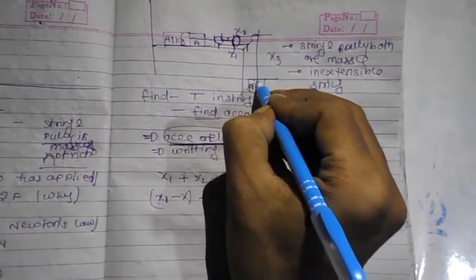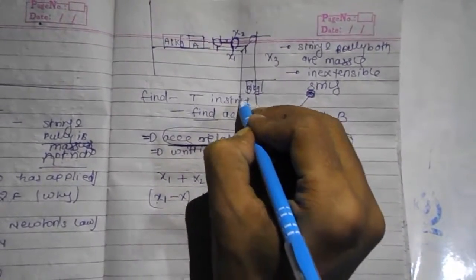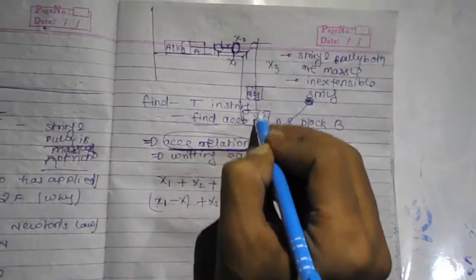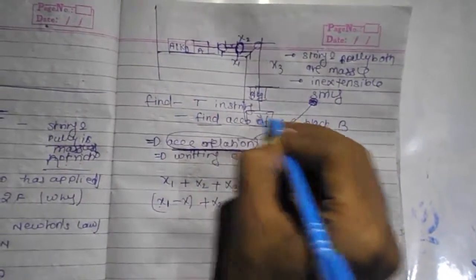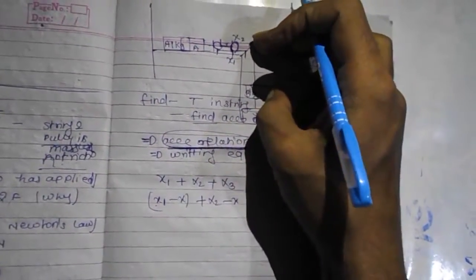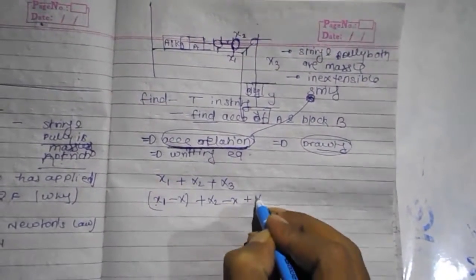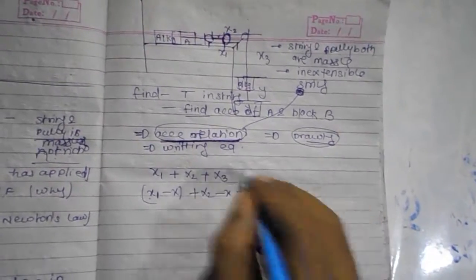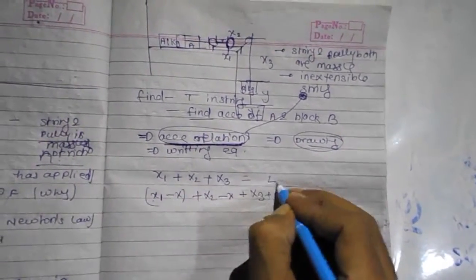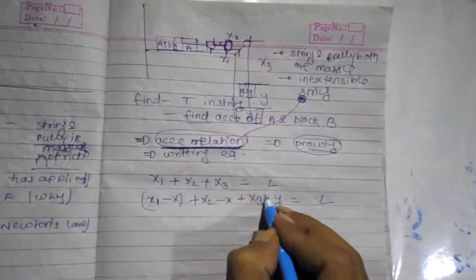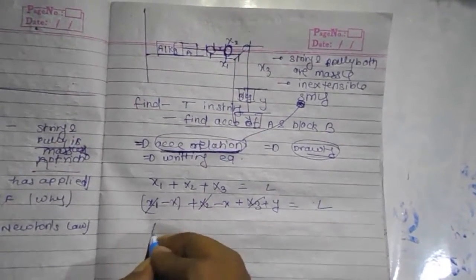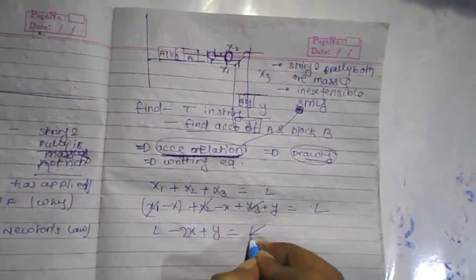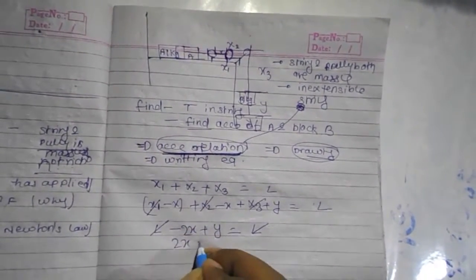Let's suppose this has come down by amount y. So this is here, this is here, so this length will become x3 plus y. Suppose the initial length is L, so this becomes L. If you look carefully, L minus 2x plus y is equal to L. So 2x is equal to y.